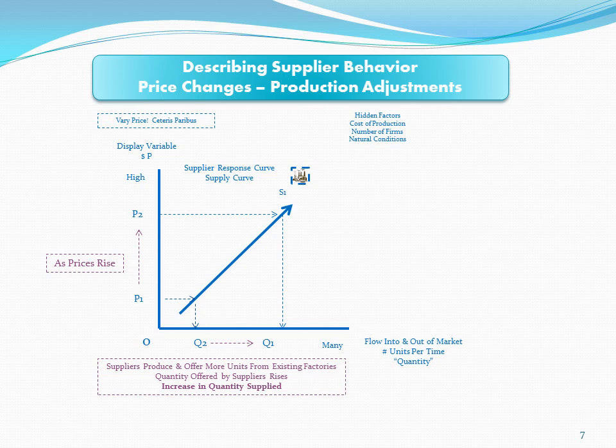And the term quantity in economics summarizes that rate of flow. And so we say this is an increase in quantity supplied, quantity being the rate of flow into the market by suppliers. So here we have an increase in quantity supplied.